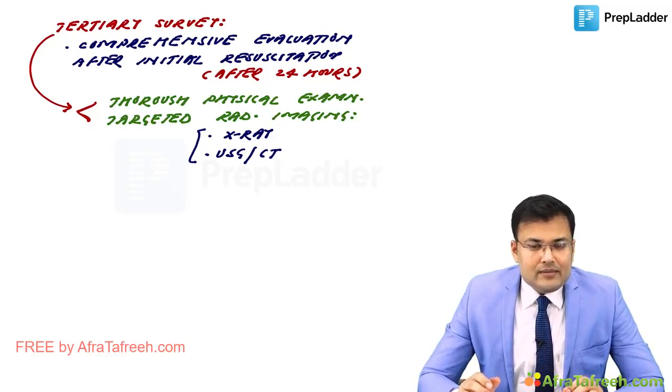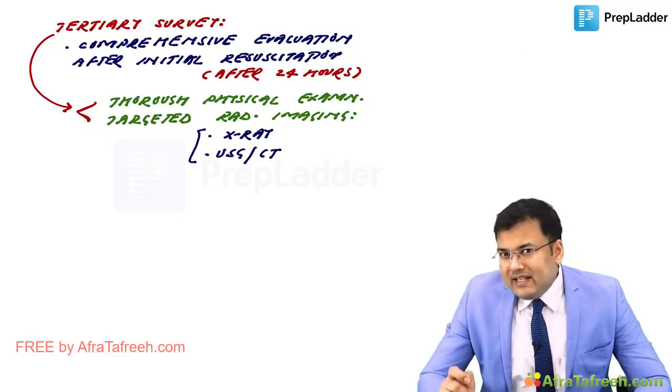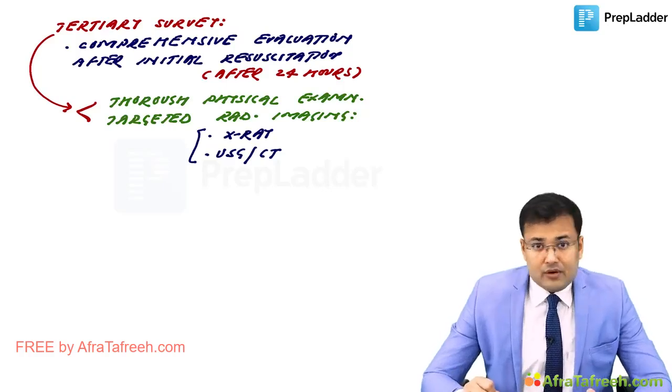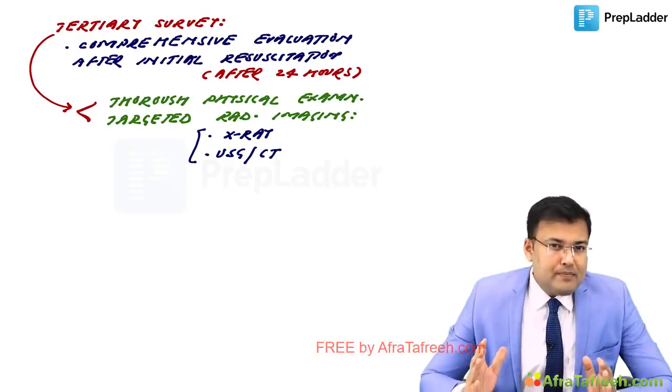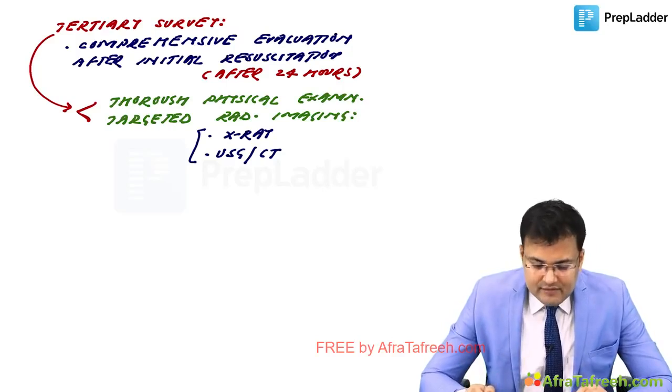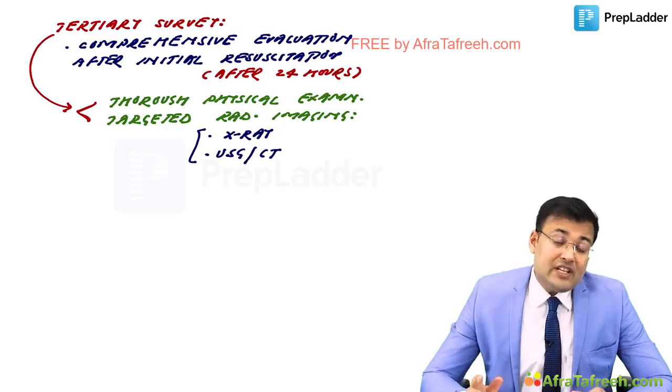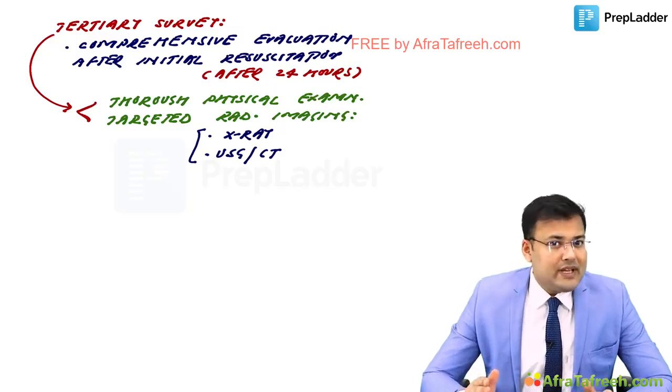And what will happen if there is delay in diagnosis of life-threatening injury? It is going to increase the morbidity or mortality. So what is the biggest advantage of this tertiary survey? That it is going to decrease the delay in diagnosis of potentially life-threatening injury. This is the main advantage.